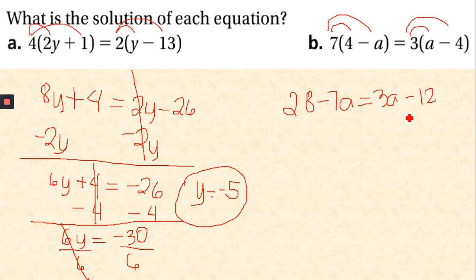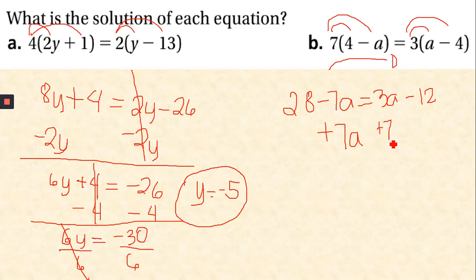Okay, try to observe. Your variables are found on the left side and on the right side. Okay, let us try to move all the variables on the right side. So, we need to get the opposite of negative 7A, and that is positive 7A.